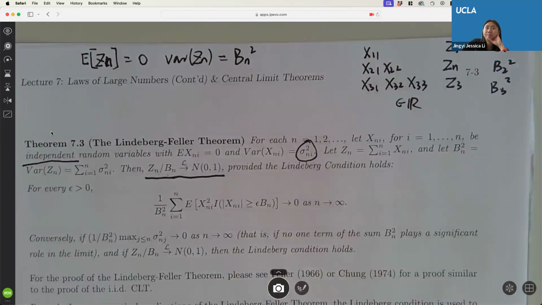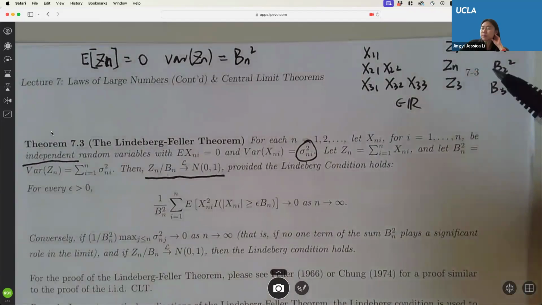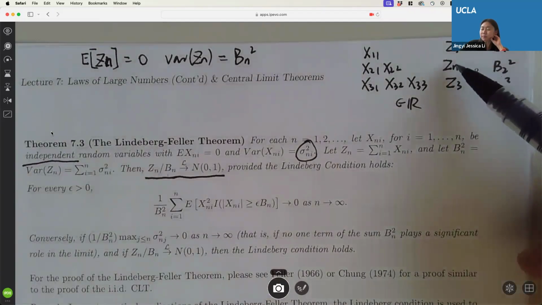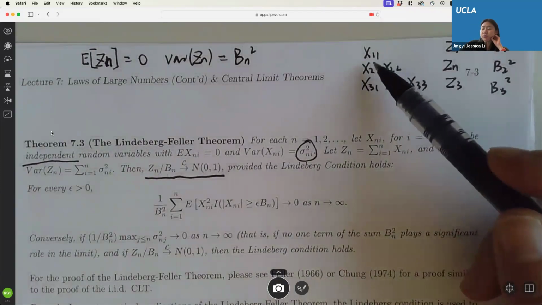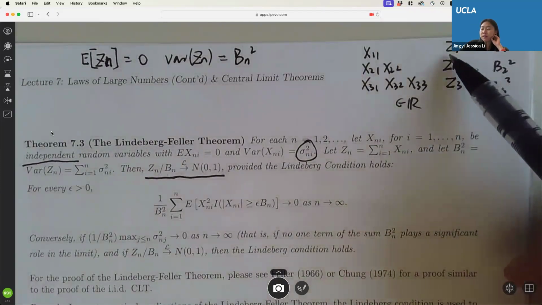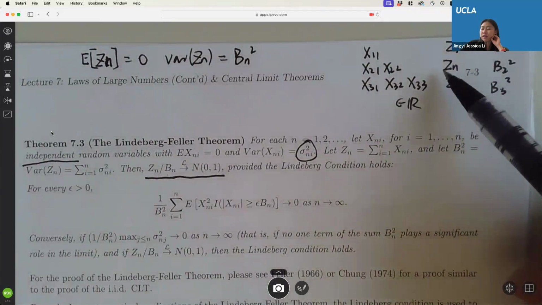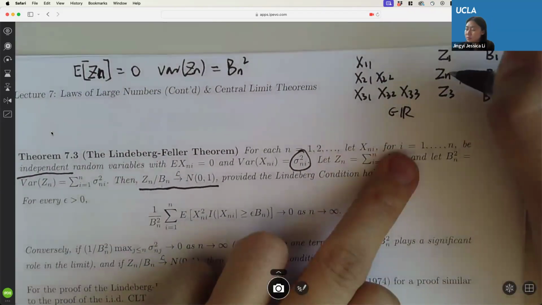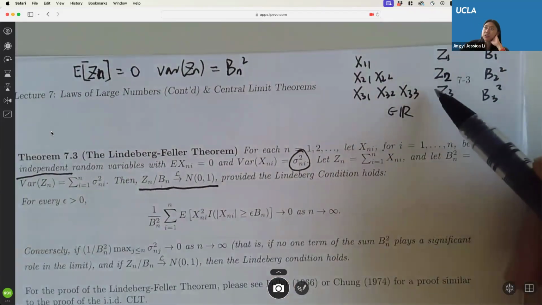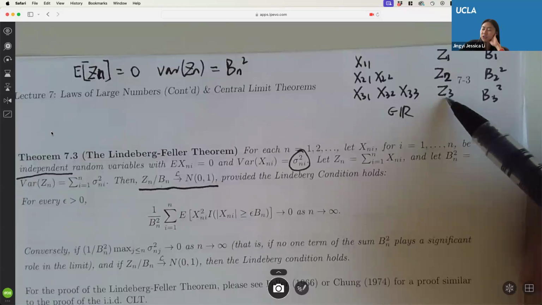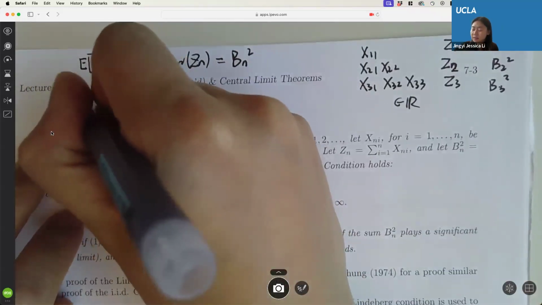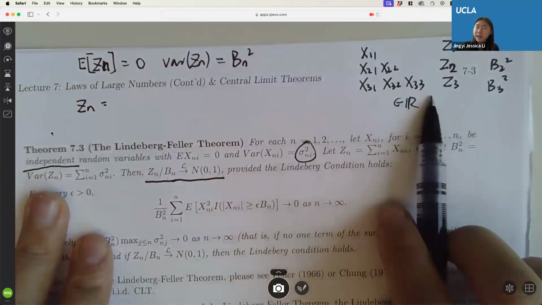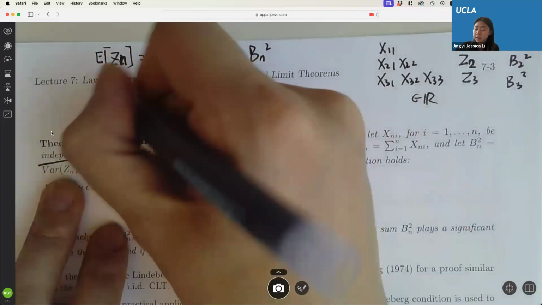So what does this mean? There is a very strong correspondence between the sum Zn and the row average. You can think about this just as the average. This is Z2, which is just the average times 2. This is the average times 3. So essentially, each Zn is just the row average of size n times n.